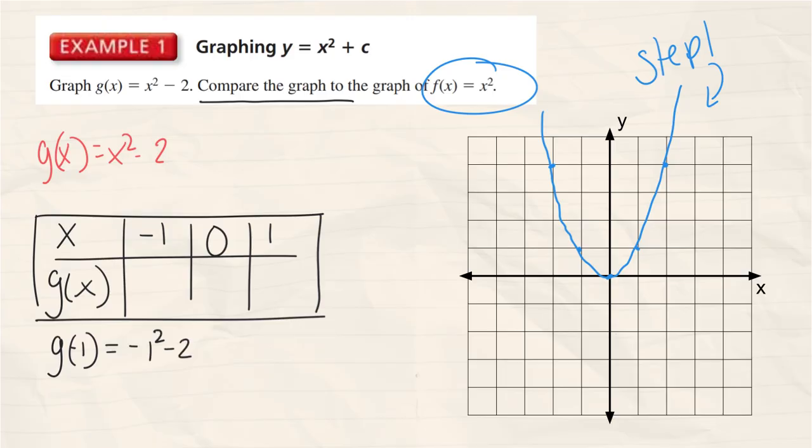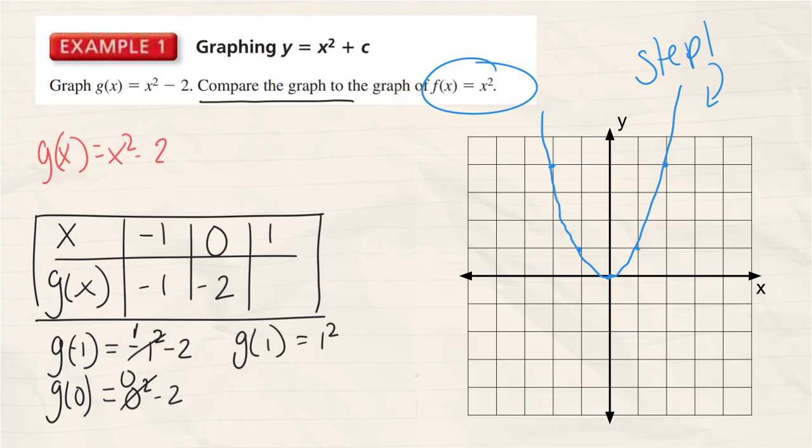This becomes positive 1, and 1 minus 2 gives me negative 1. When x equals 0, we're going to have 0 squared minus 2. This becomes 0, and 0 minus 2 gives me negative 2. When x is 1, g of 1 will be 1 squared minus 2. This becomes 1, and 1 minus 2 gives me negative 1.